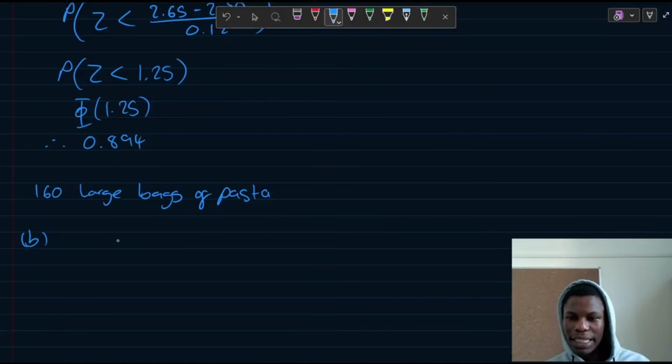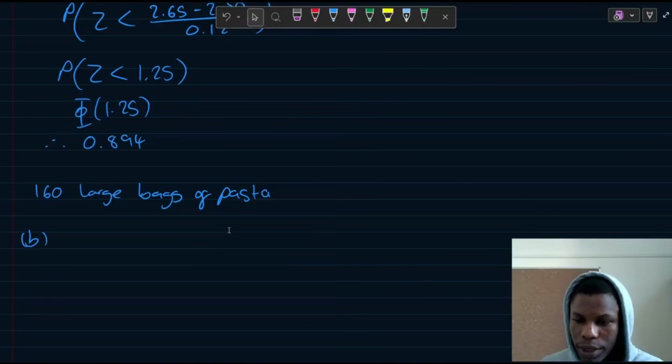What's the probability that one bag has a mass of pasta more than 1.65 standard deviations above the mean? Once I know that for one bag, I can then figure out of 160 bags, how many would I expect to have, in this case, mass of pasta more than 1.65 standard deviations above the mean. And you just do that by multiplying the probability you'd have gotten for one by whatever your number is, in this case, 160.